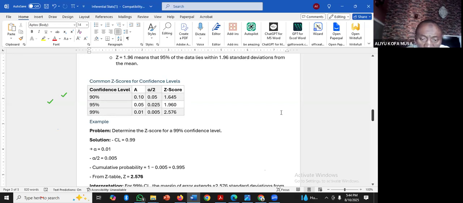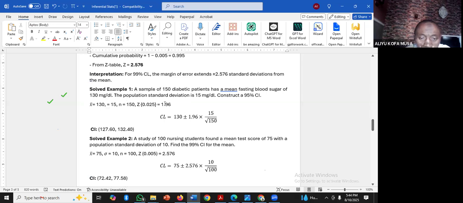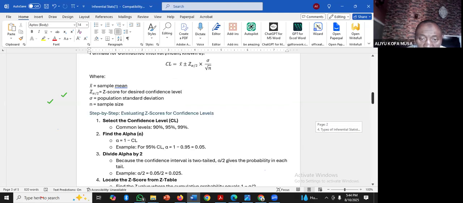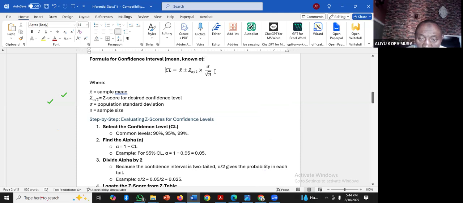You can see I calculated. So this is what I have. So going back to my equation, I inserted the values. 130, which is x bar. Can you recall? This is the equation. Look at the equation.